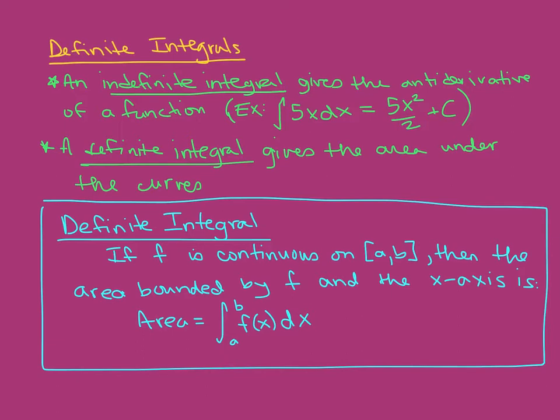So if our function is continuous, then the area bounded by your function and the x-axis is the definite integral of f of x dx from a to b. And a and b are always x values. So a is here, b is here. And if my function is like that, that's my f of x, then this integral represents this little area right here.